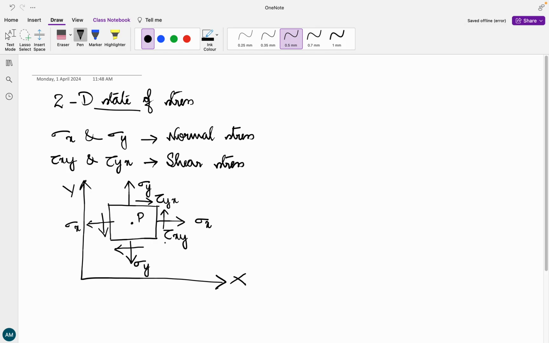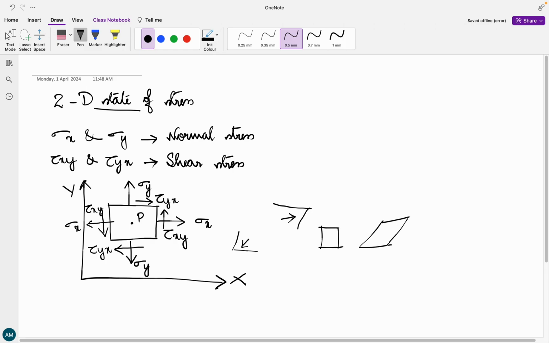Here it is tau xy in the positive, so here obviously tau xy in the negative. Here it is tau yx in the positive, and here it is tau yx in the negative. That is, it pulls the body like this in the corners. Okay, a perfect body, which was a rectangle, gets pulled into a somewhat deformed body. So here we have the shear stresses that are going to be generated.